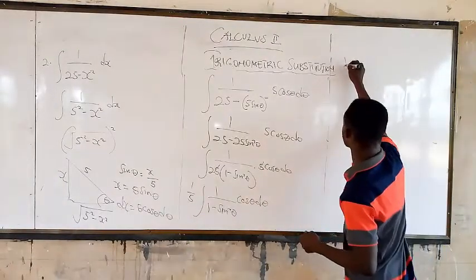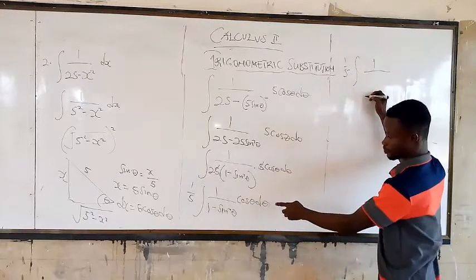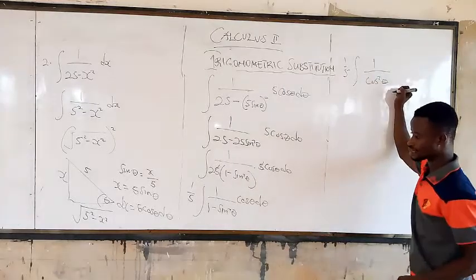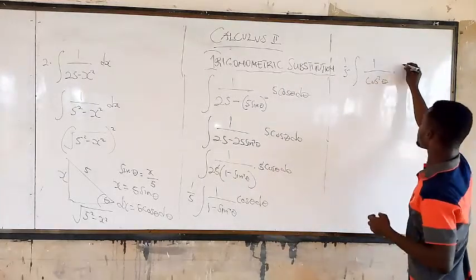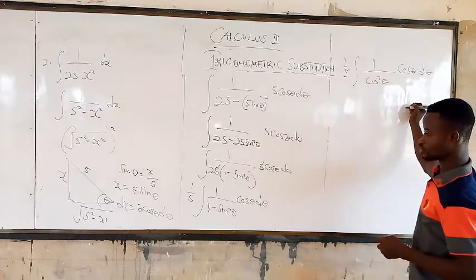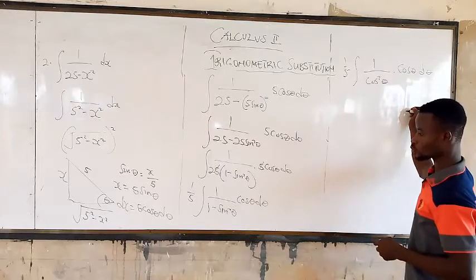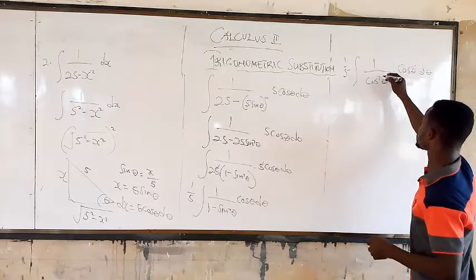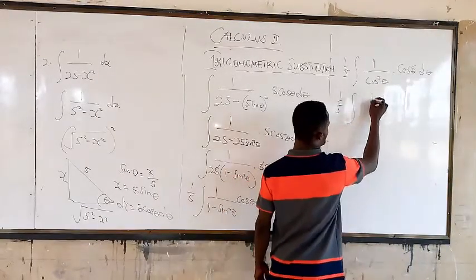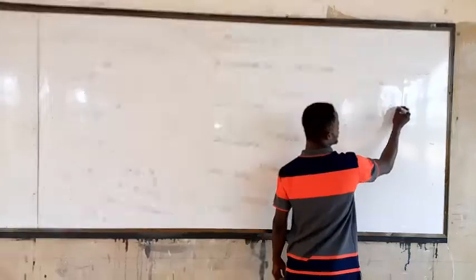So 1 over 5 integral of 1 over cos squared theta multiplied by cos theta d theta. Very good. Is there any problem somewhere? I don't think so. Okay. So this will take one of these and we get 1 over 5 integral of 1 over cos theta d theta.